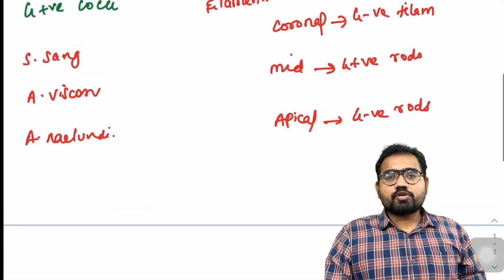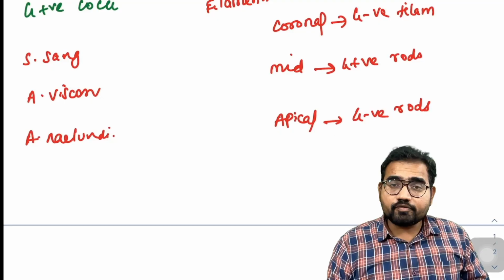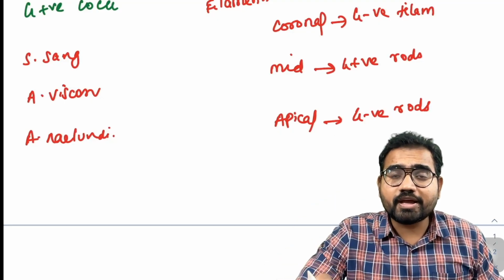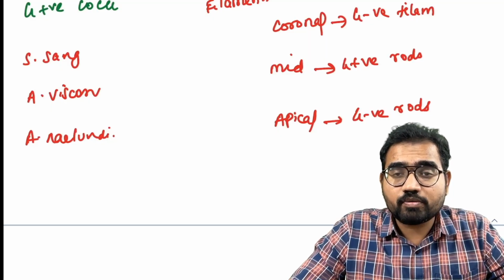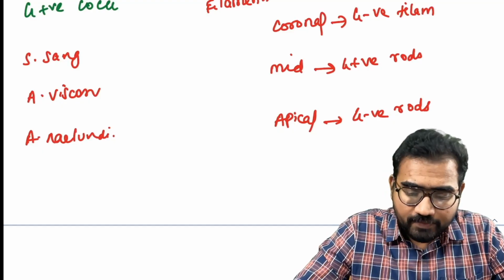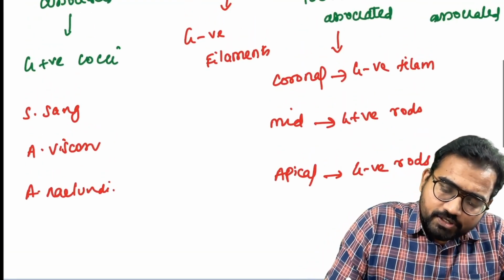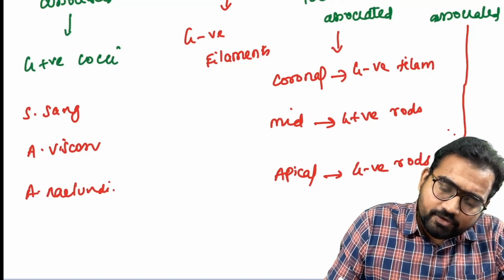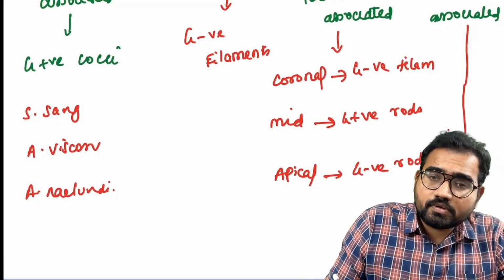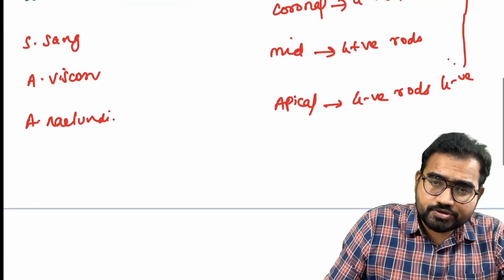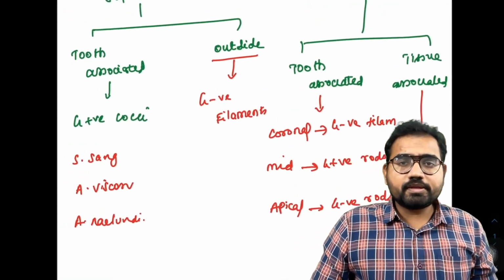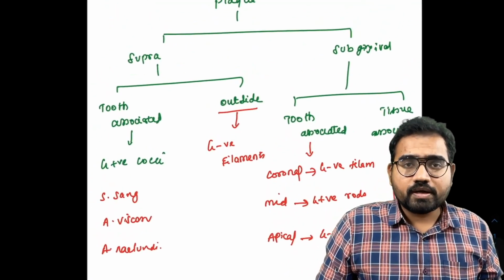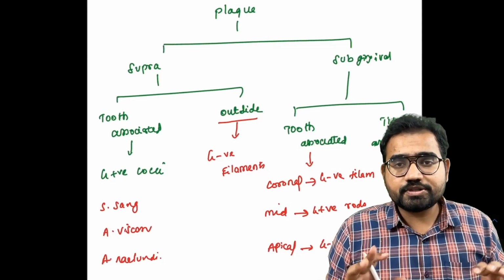The tissue associated plaque will have gram negative rods. So this is the overall view of supragingival and subgingival plaque.